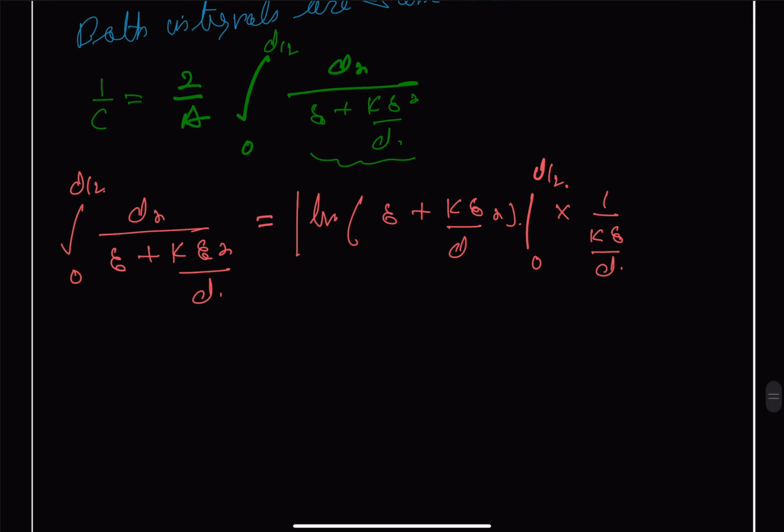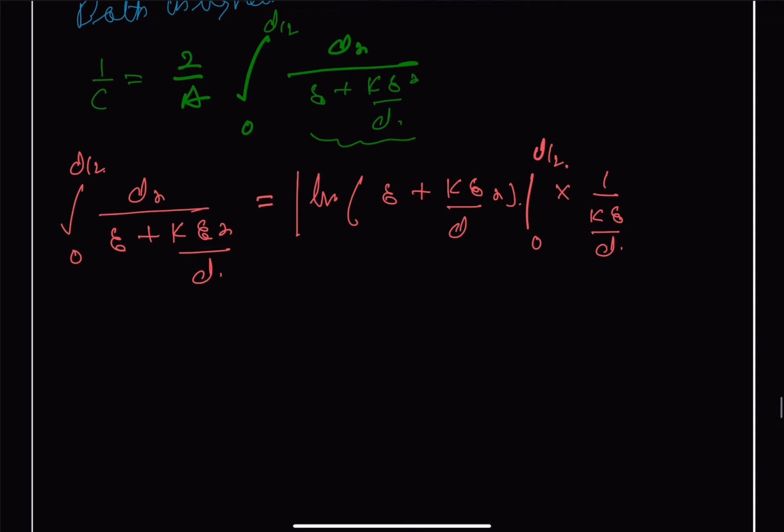So we can just substitute the limits, and we get 1 upon C is equal to 2 upon A, and this comes as d upon k times epsilon naught, and we have here the natural log of the upper limit minus the lower term, which is 0.